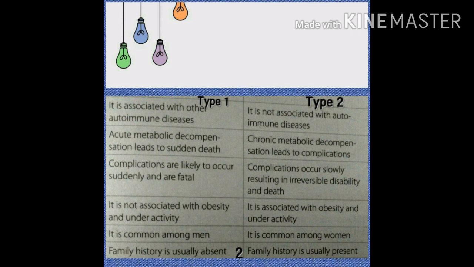Okay, the next points, the second and third, we are going to discuss together, because they are both related to type 1 and type 2 diabetes. Type 1 diabetes is an acute metabolic syndrome which can lead to sudden death in the patient, because it has sudden complications which are fatal.